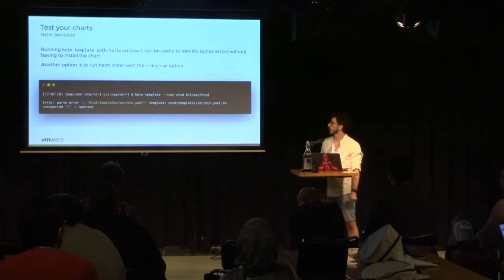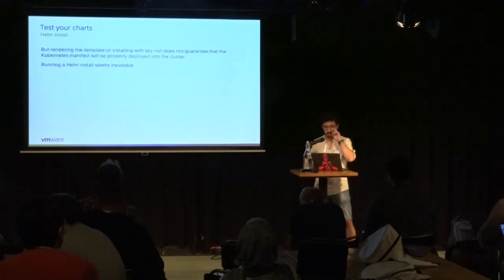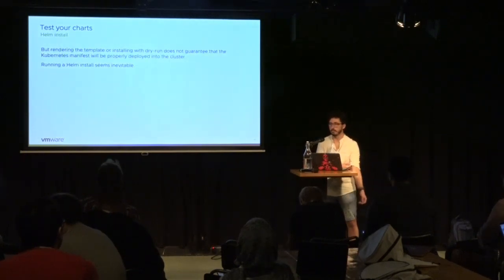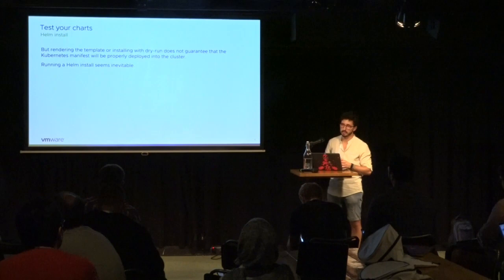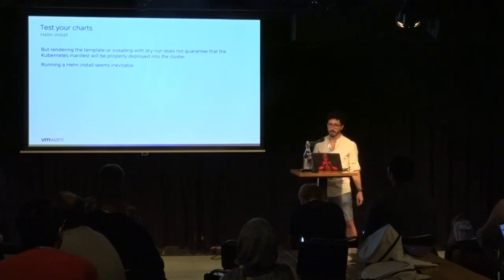Just as you can run helm template, you can use helm install with the dry run option, and the output is very similar. However, if helm template doesn't give you any error, it doesn't mean that the Helm chart can be deployed on your Kubernetes cluster. So at the end, you are going to need to run helm install and wait until the pods are running, until all the deployments are in a stable state.